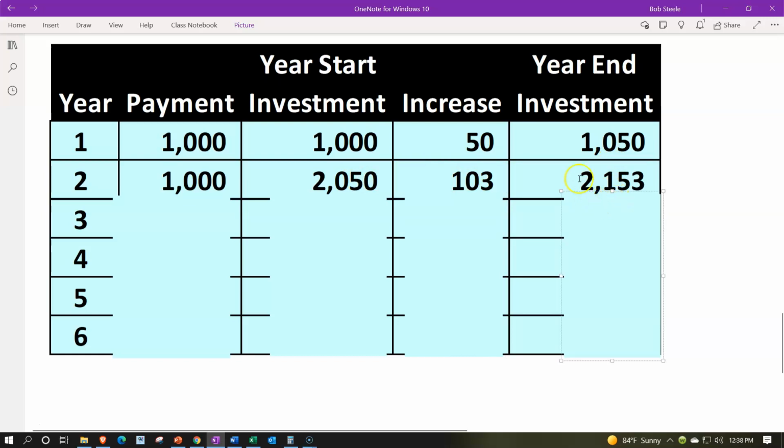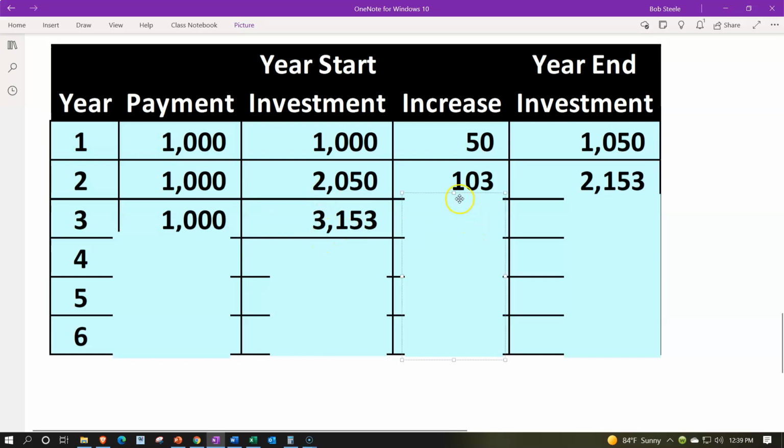So then in January 1st of year 3, we put another 1,000 in. That 1,000 plus the year 2 ending balance would give us the 3,153. Then we can calculate the increase, the interest, depending on the type of investment, of the 5% increase. 3,153 times 5% is about 158.